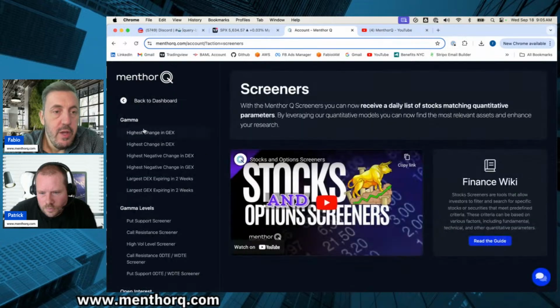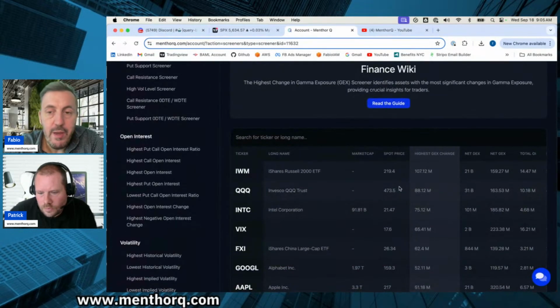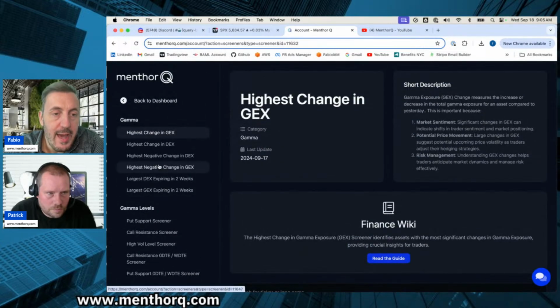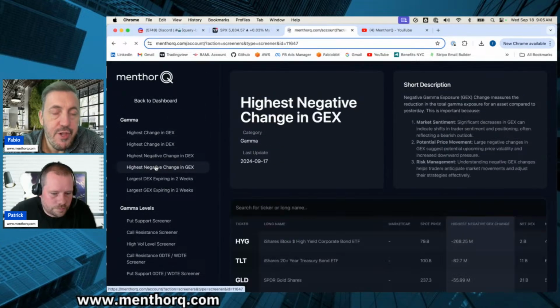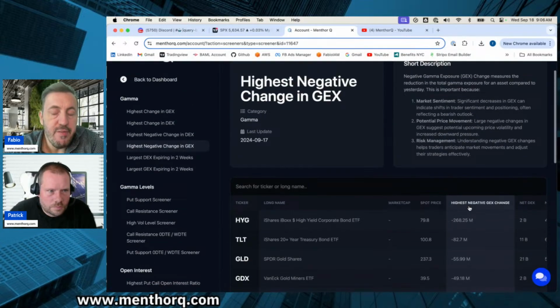If we look at the highest change in jacks, we can quickly see that IWM had a lot of jacks or gamma exposure added last night, then QQQ, Intel, VIX of course, Google, Apple. And if we look at the highest negative change in jacks, we see, for example, TLT, gold, GDX, so gold miners.